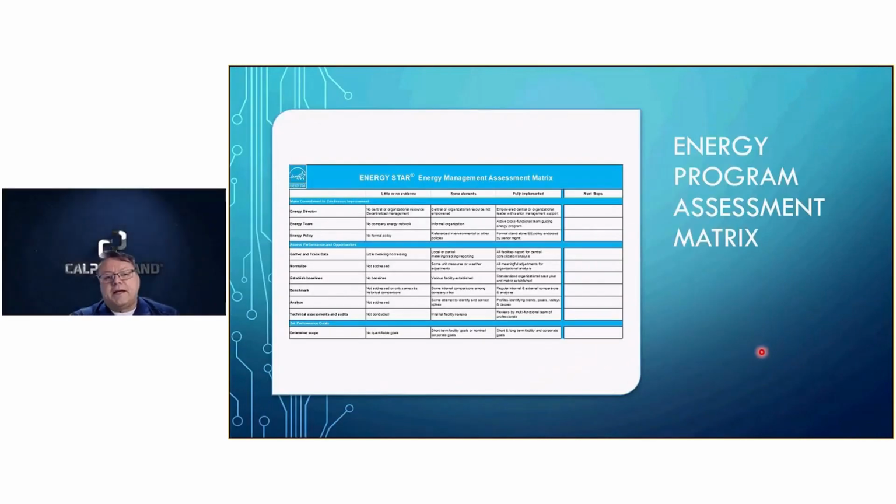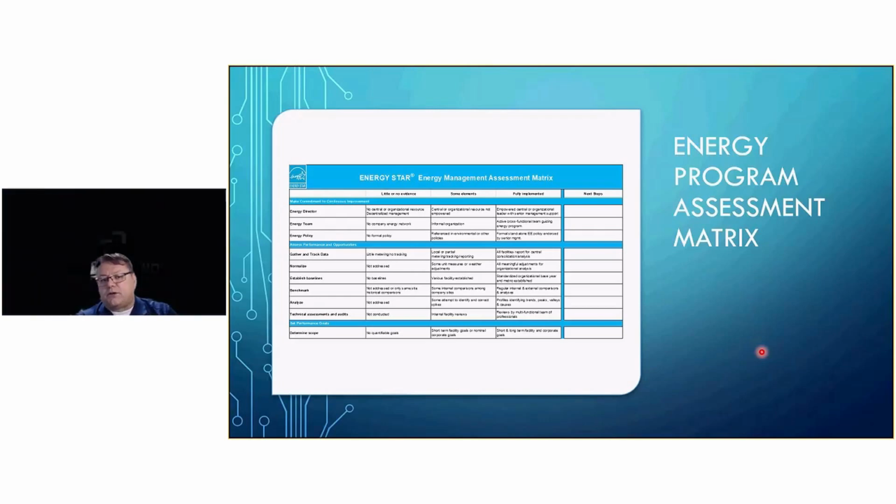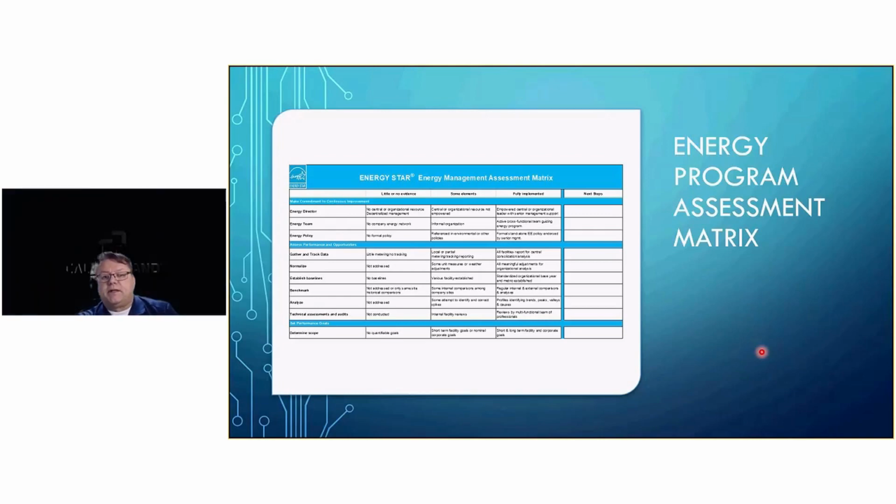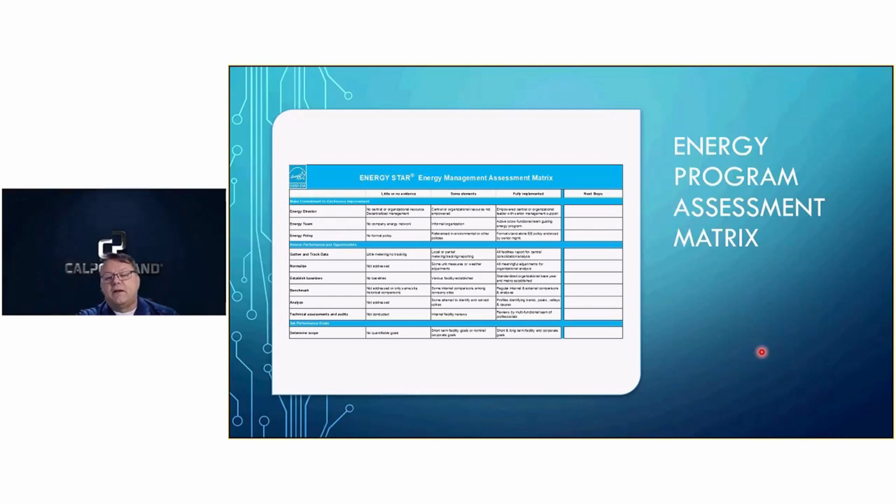Within the guidelines document, Energy Star has helped by creating this matrix. It's a spreadsheet, but you basically print it out, look at it, and mark off how you are doing. They help you go through those 7 steps and put it in table form and identify where you're lacking and where you need to pick up and make sure that you're on the right path.